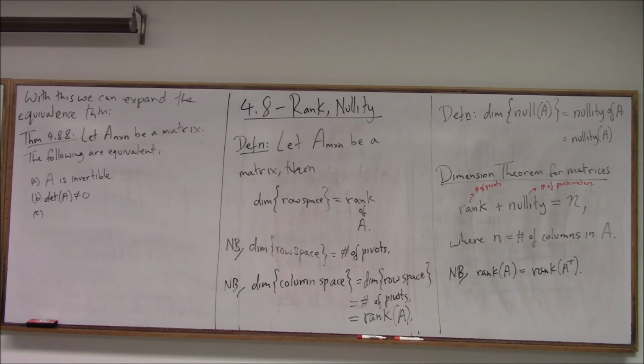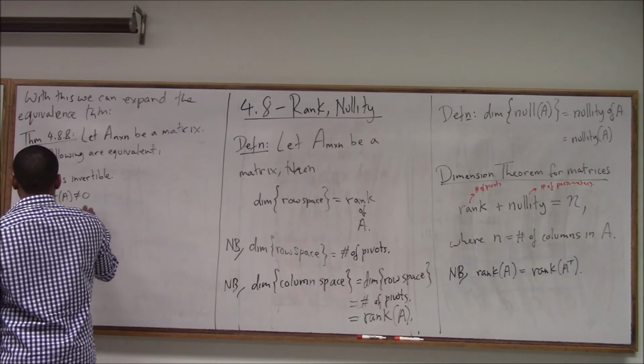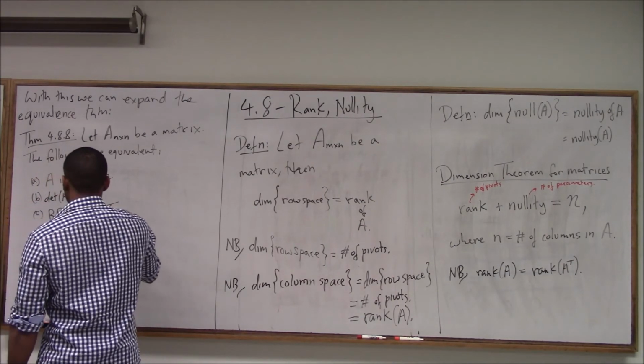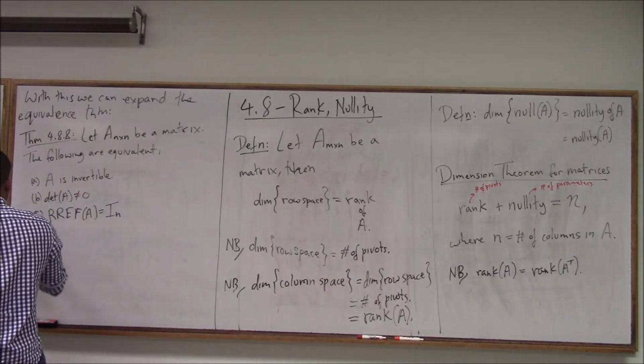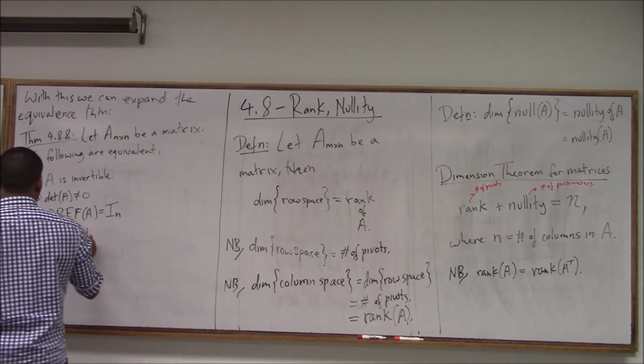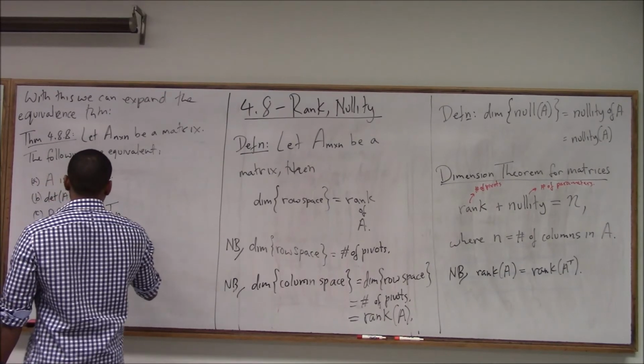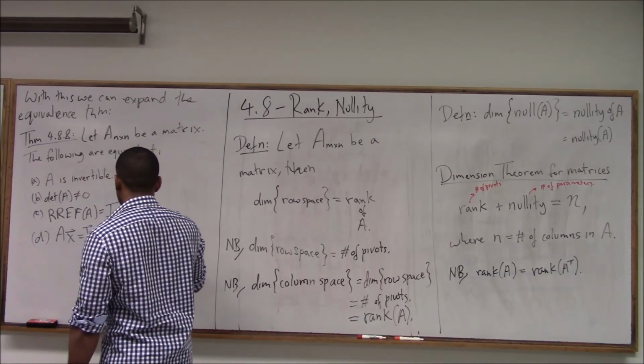That means it's invertible. What can you tell me about the reduced row echelon form of A? It becomes the identity, the n by n identity. What can you tell me about the system AX equals B? Consistent. It has a unique solution, only one solution.